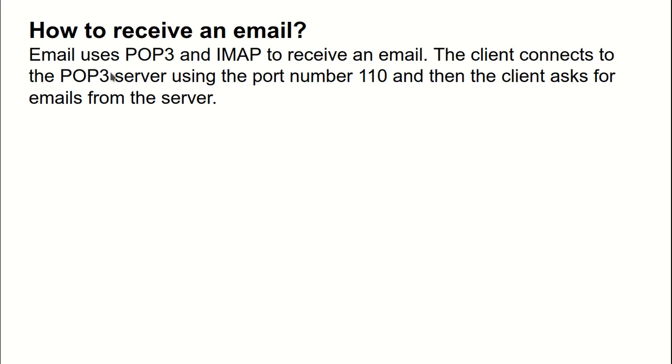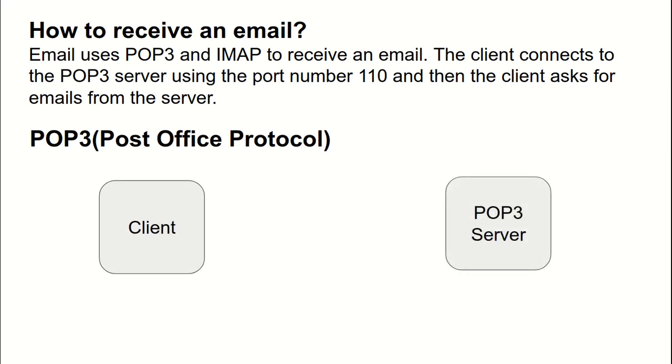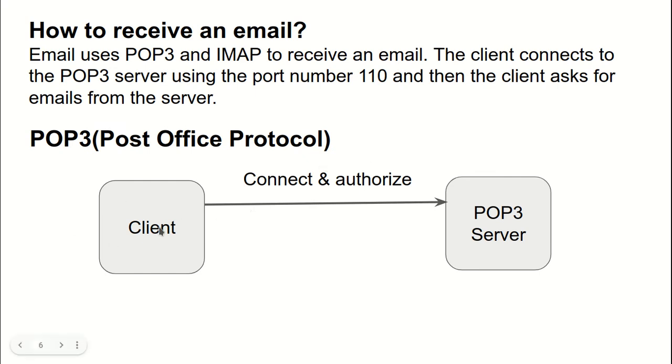Let's say here the client is connected with the POP3 server. This connection happens, and after that the authorization also happens, because the email contains the email address and the password. The authorization verifies that the email and password are correct.